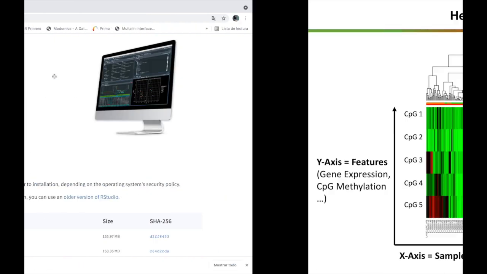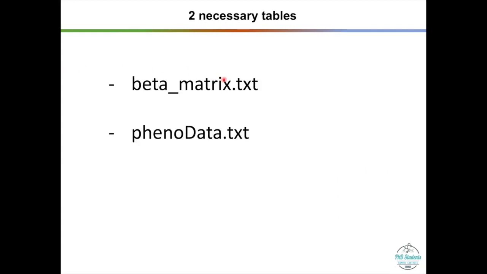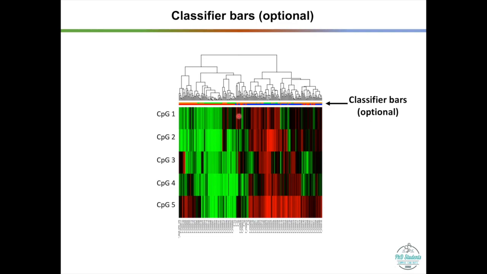So the second step, we already have done this, and then we need to create this table, which is phenodata.txt. The phenodata.txt table will allow us to create these classifier bars.